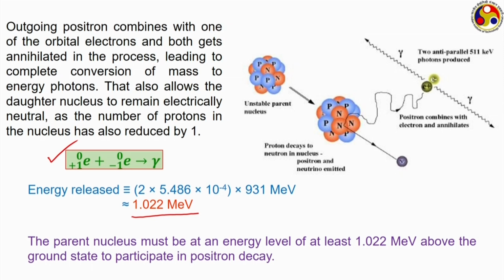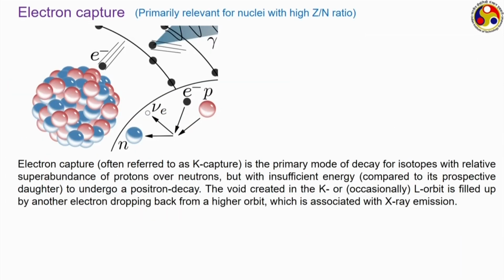But what will happen when an isotope has excess protons, but does not have this amount of energy? Then we have the other kind of reaction, called electron capture, often called K capture or L capture. It is an extremely interesting kind of reaction. Here the nucleus has excess protons, but does not have enough energy to go through positron decay.